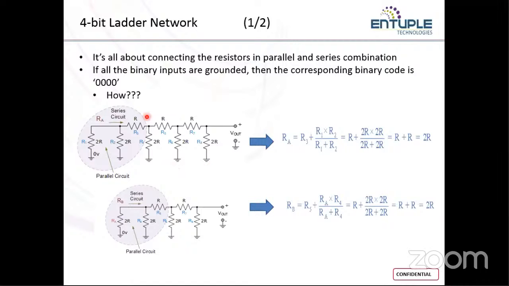This is about a 4-bit ladder network, but we are talking about an 8-bit SAR ADC, right? So whatever circuit it is, it has to be expandable. So we have to parameterize it, or we call it generalization. Only then, irrespective of the number of bits, we'll be able to expand it accordingly.